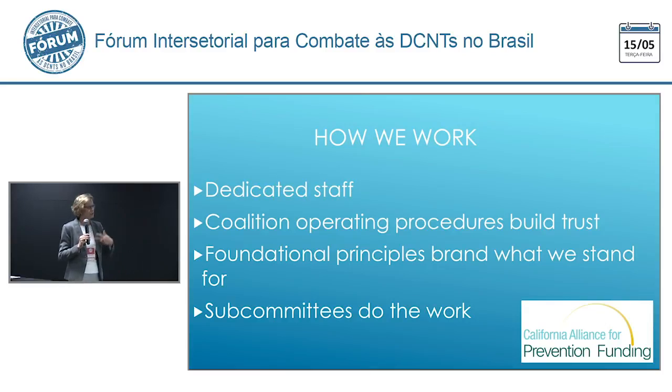It's boring, you don't feel like you're moving forward, but it's very important to establish things like, how do we make decisions? How do we as a group decide when we want to put our logo and support a particular piece of legislation? So we had to get some of those, what we call nuts and bolts, established so that we could work together as a group and that we could trust one another.